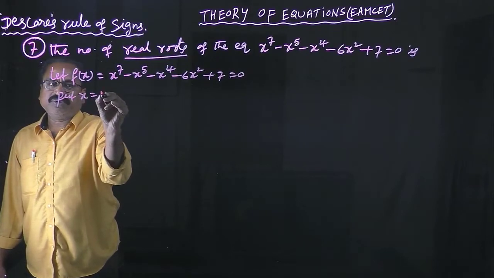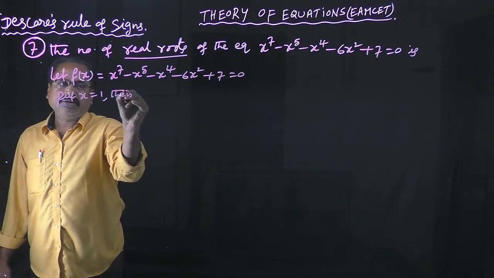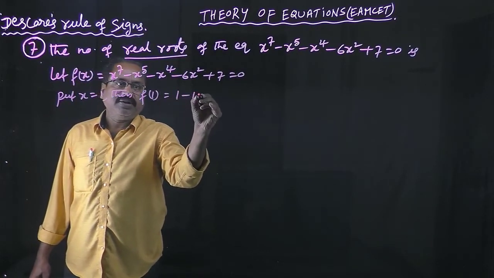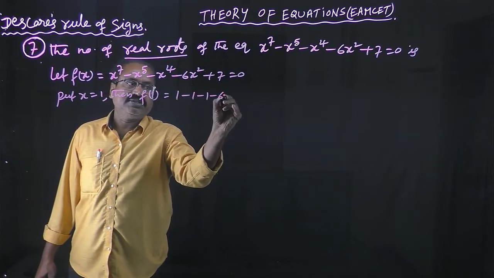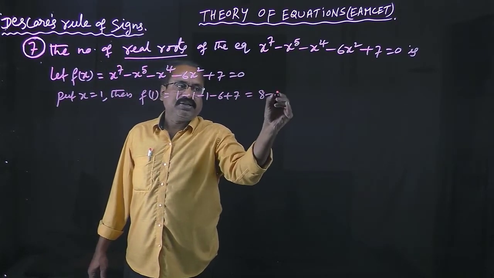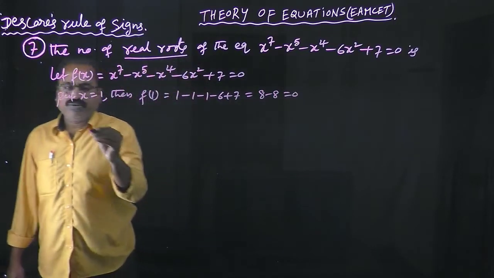Put x is equal to 1. Then f of 1 is equal to 1 minus 1 minus 1 minus 6 plus 7. That is equal to plus 8 minus 8, that is equal to 0.